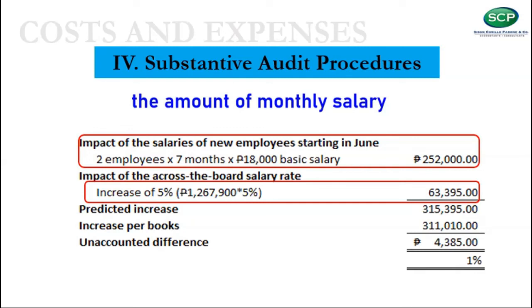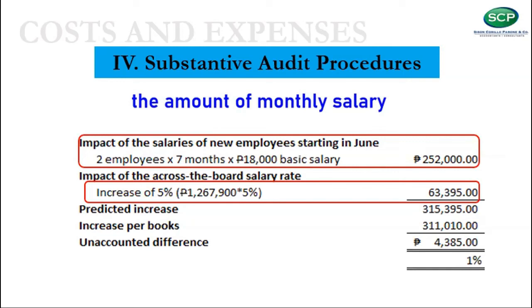So ibig sabihin, if all things are equal, 5% yung last year's salaries and wages plus 5% ang dapat nilang salaries and wages this year. So the 5% increase is equivalent to 63,395. So we should total the impact of the 2 new employees and the across-the-board increase.